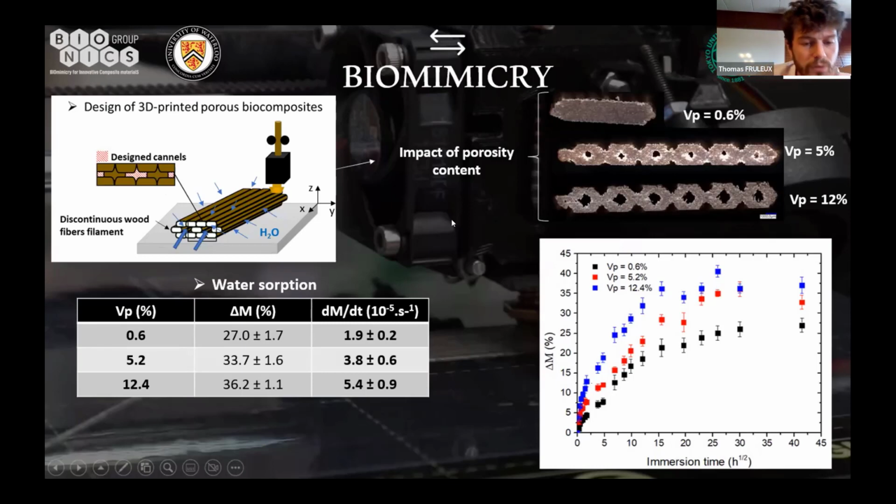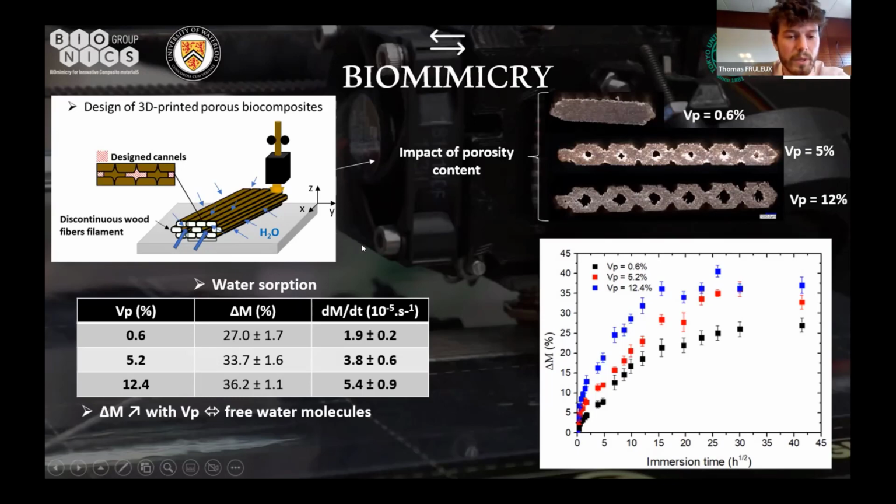So this point needs to be taken carefully, because of course we have a higher water sorption at saturation, but that might be due to the fact that there is still water inside the canals. So this huge difference between the weighted samples can be explained by the free water molecules inside the canals.